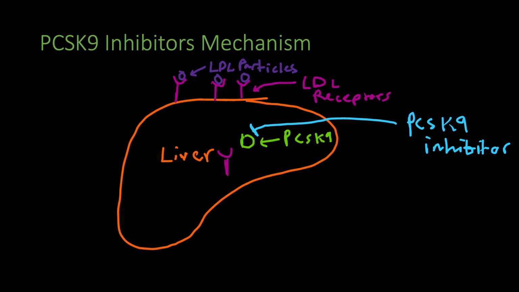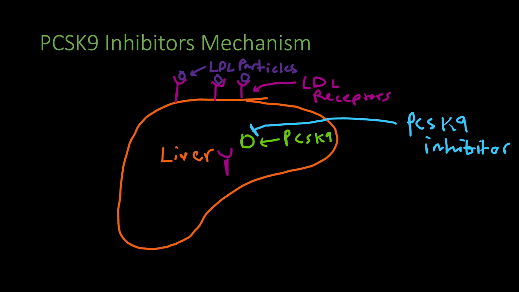Then here, this is what I was talking about, PCSK9 inhibitors. PCSK9 is essentially proprotein convertase subtilisin kexin type 9, a protein that's produced by the liver that binds to LDL receptors.